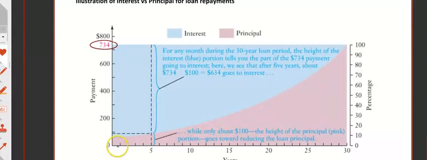Between years 0 and 5, this blue area that we see above represents the amount of that $734 that's going towards interest, and the amount that's going towards your principal. Notice here at the beginning, the majority of your payment is going towards interest, just a very small amount towards principal.